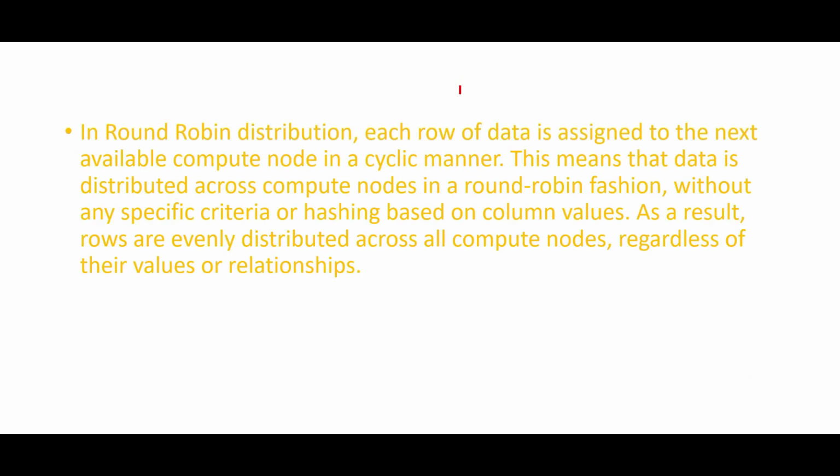So in round robin, each row is assigned to the next compute in a cyclic manner. Suppose there are 4 computes, 1 2 3 4. A new record comes, 1 takes it up. Then a new record comes, 1 says, hey, let 2 take it. Then a new record comes, and 1 and 2 say, hey, let 3 take it.